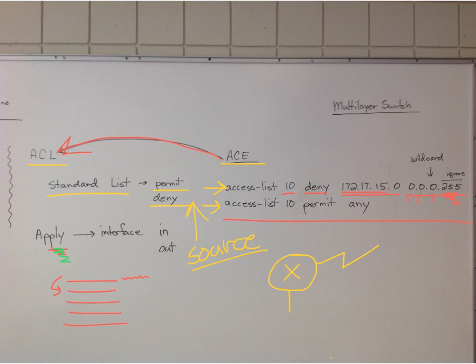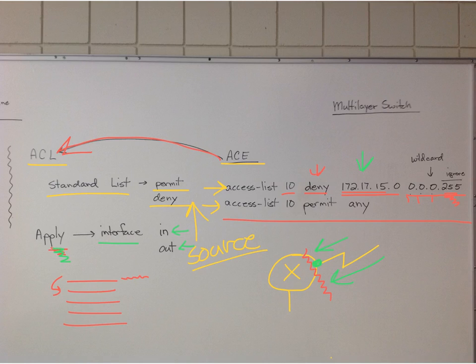We can apply the access to an interface either coming in or out. So I could apply that access list right here coming in. So when somebody from this network tries to get into this network, they are blocked. Their packets will be dropped.